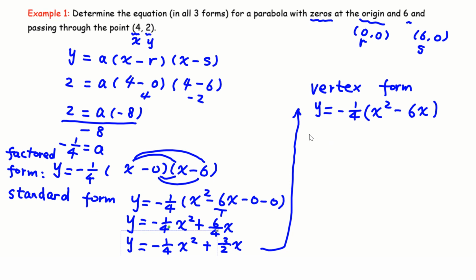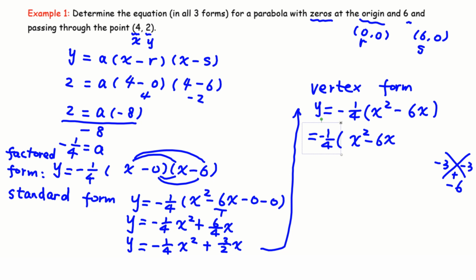Then we could use half b squared. So negative 1 over 4, then x squared minus 6x. Half of negative 6 is negative 3, so we could use the x game: two numbers that add together to negative 6, and the two numbers are the same, so half of negative 6 is negative 3.